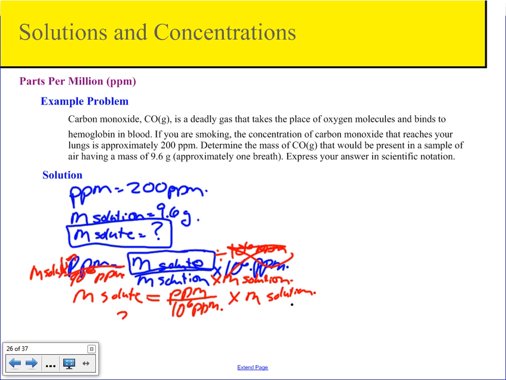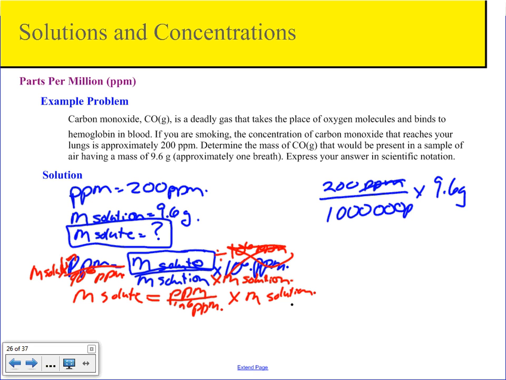So this becomes 200 parts per million. Actually, I'm going to write this up over here. Sorry, guys. So this becomes 200 parts per million divided by 1 million, and that's equal to 2 times 10 to the negative 4, and then I'm going to times that by 9.6 grams.